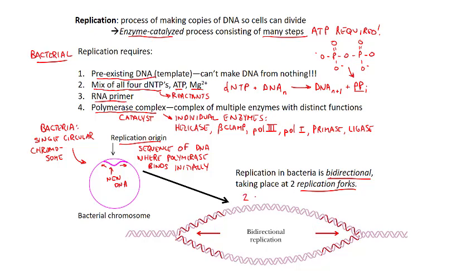So in bacteria, we need two polymerase complexes to complete the entire replication cycle. I'm not going to show you what happens at both of these complexes because it's the same process. We're just going to look at what happens at one replication fork.